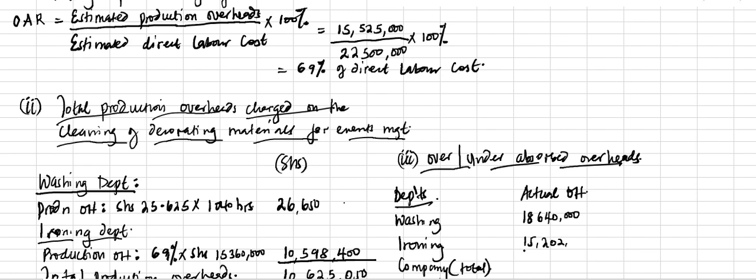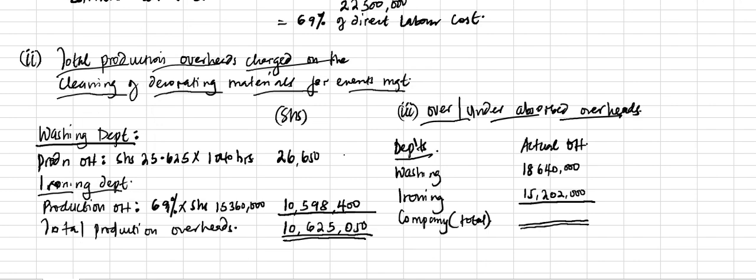They have also said for the company as a whole. For the company as a whole, you will just add and get the total. You add 18,640 plus 15,202 thousand.